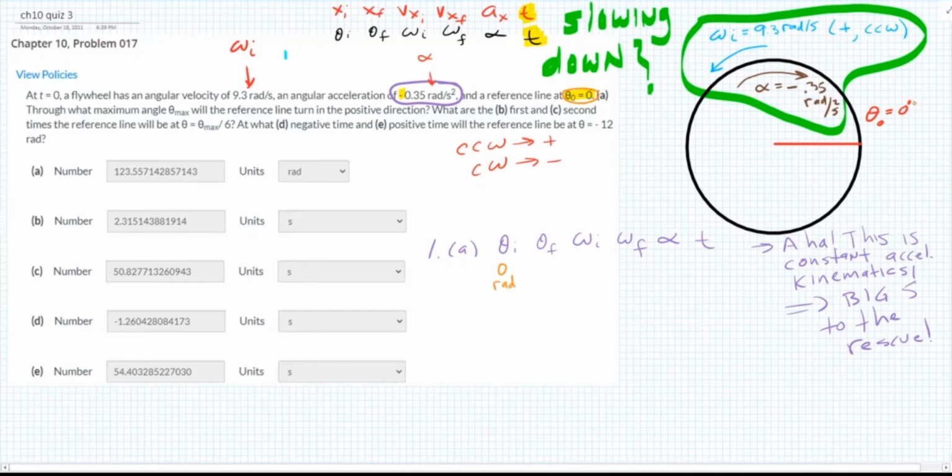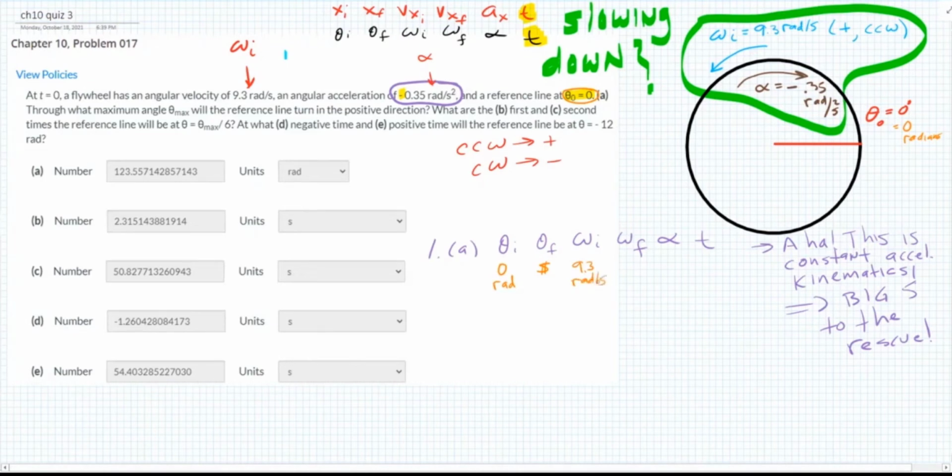radians. Look, I embarrassed myself. 0 radians equals 0 radians. Okay, so theta final. This is $sign. Through what maximum angle? Again, it's spinning counterclockwise, but it immediately begins to slow down and it's going to slow to a stop. Omega initial is given as 9.3 radians per second.